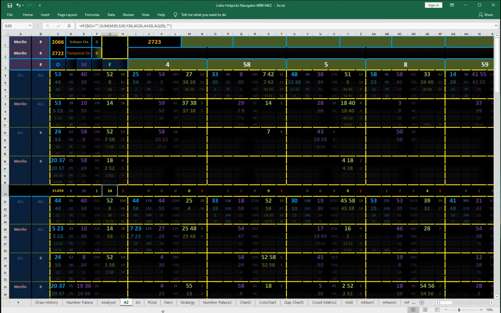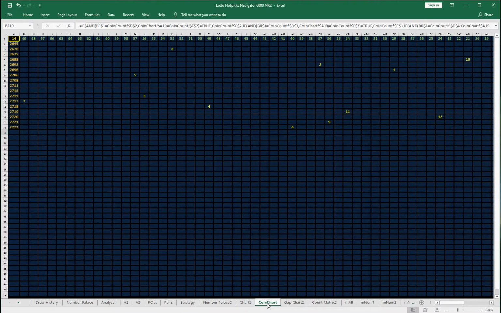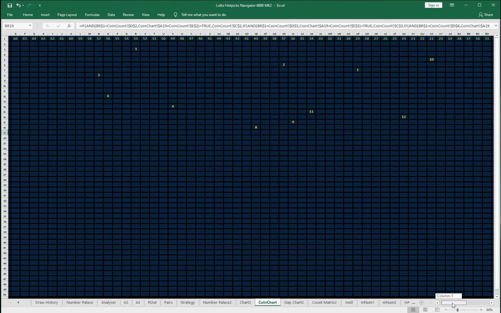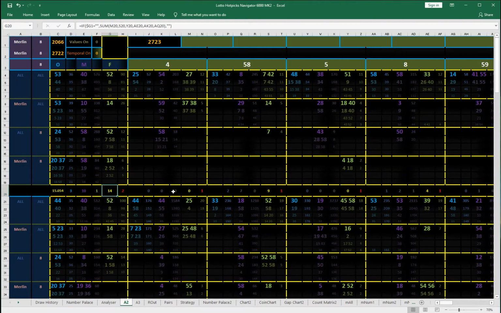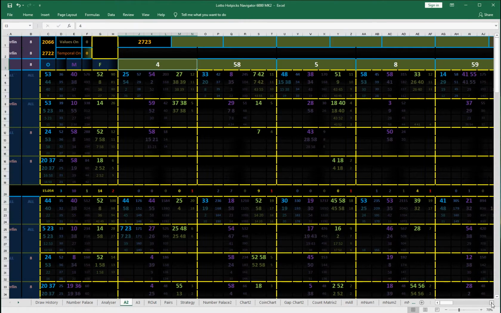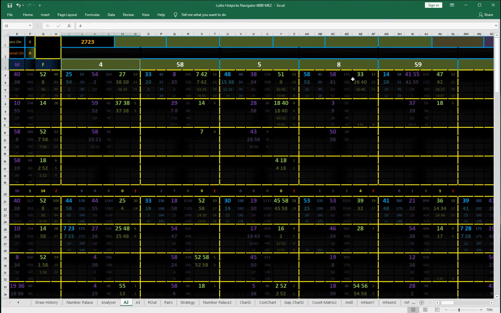We're already up to 14 coincidences, which is a high number of coincidences. It's got a very low frequency. Not very likely to happen based on its frequency, but I need a low number of coincidences. I mean, if you're starting with 8 and 58, you've already got 13 coincidences to start with.